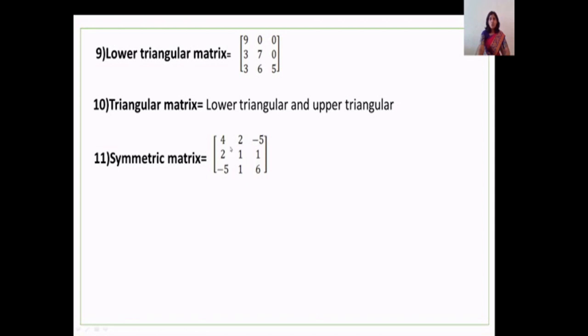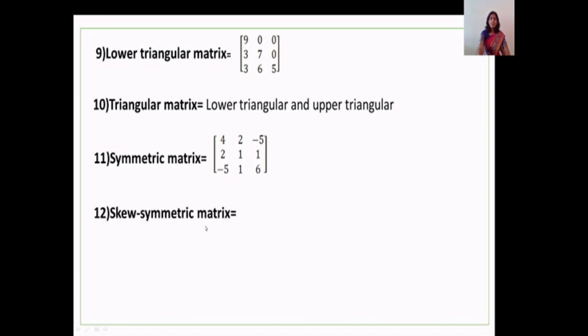So the corresponding non-diagonal elements are the same. Then this matrix is called a symmetric matrix. There is a symmetry, so it is called a symmetric matrix. In mathematics, we write a symmetric matrix as Aij equals Aji.